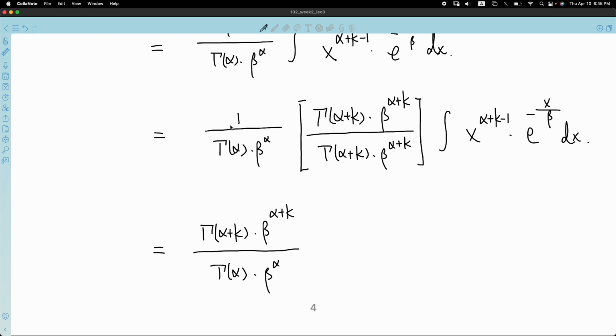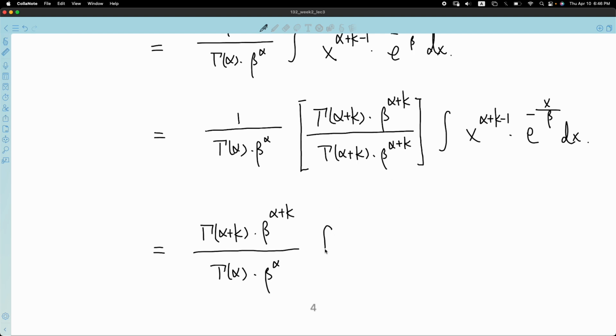So I'm using this denominator and this numerator to come up with the first term here. And then I'm going to bring the denominator in the square bracket inside the integral, because that is a constant, does not involve x. So I can move it wherever I want. So I move it inside the integral.